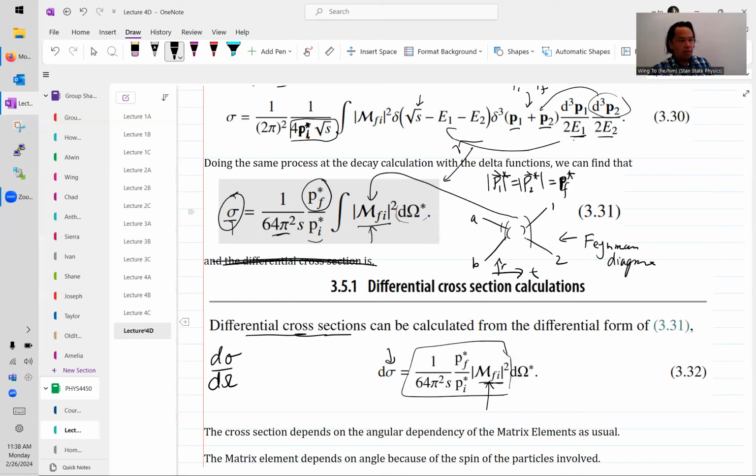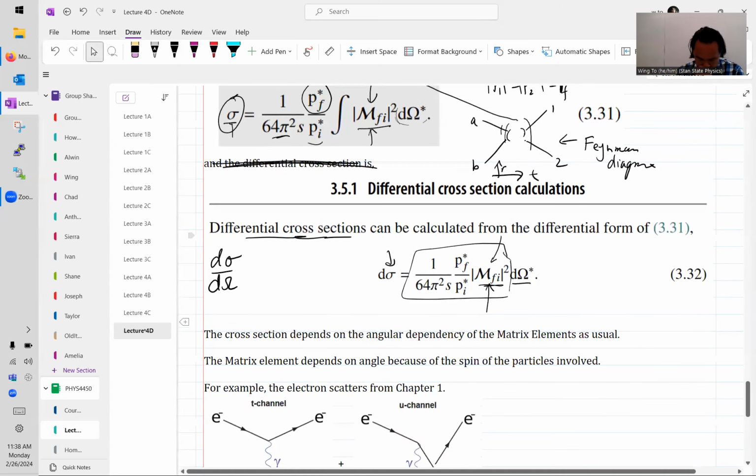The total cross section is important because you want to figure out how fast you want to smash two particles together, and how many of them, right? And that way you can get a rate equation out of it. Okay. But if you want to figure out the details of actually how they're scattering off each other, that's going to be inside this MFI, which has an angular dependence, right?